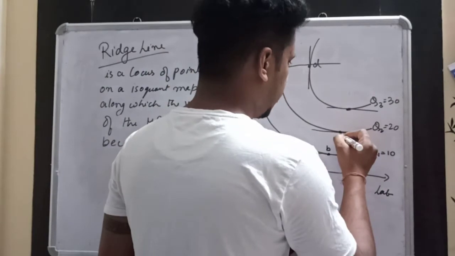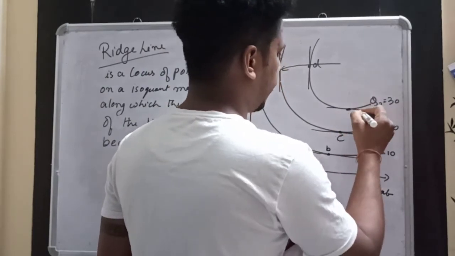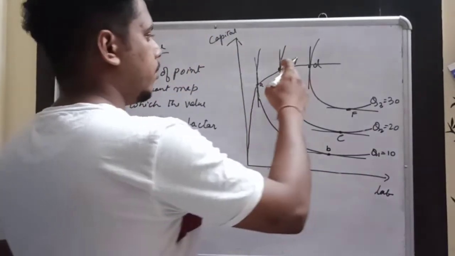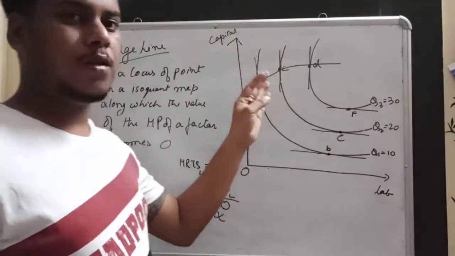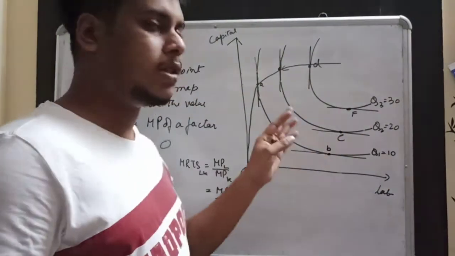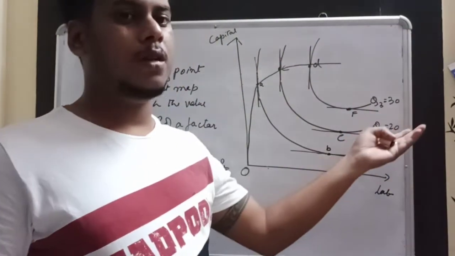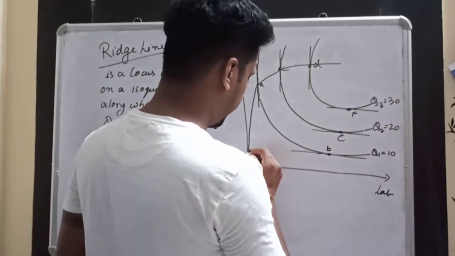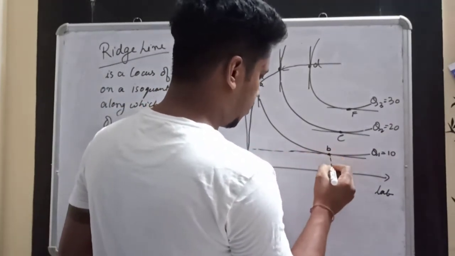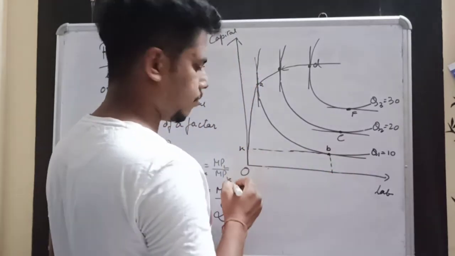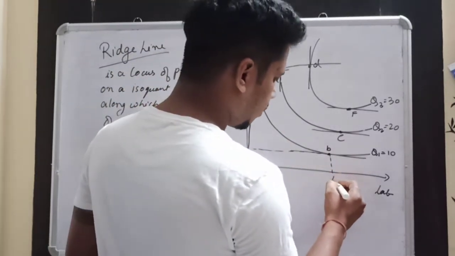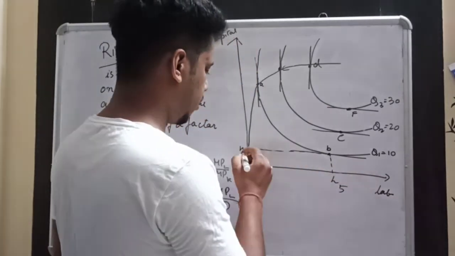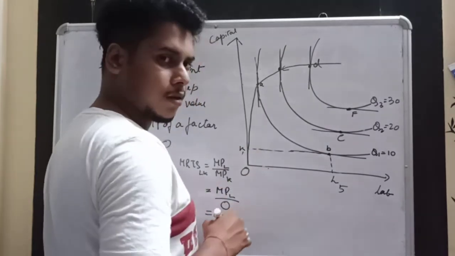B, E, F. So at points B, E, F, just like A, C, D, where the marginal productivity of capital was 0, over here the marginal productivity of labor will become 0. Beyond this point, see, if you are at point B, you are using this much amount of capital and this much amount of labor. Okay, 5 units of labor and 1 unit of capital.